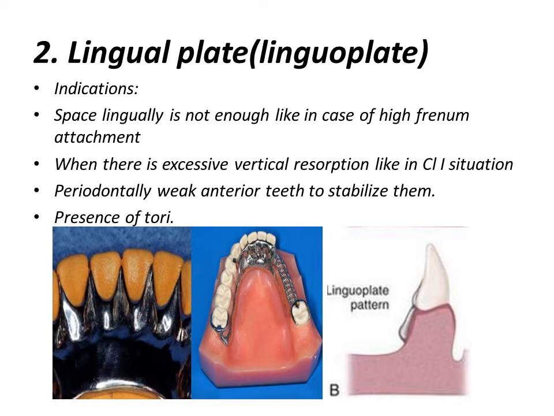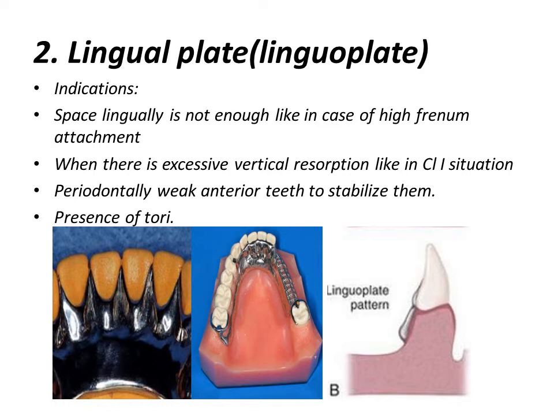Also, when there is excessive vertical resorption, like in a class 1 situation, class 1 bilateral free end extension with severe resorption, a lingual plate will add to the adaptation and support of the major connector in these cases.